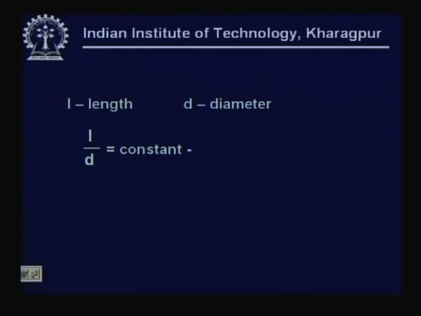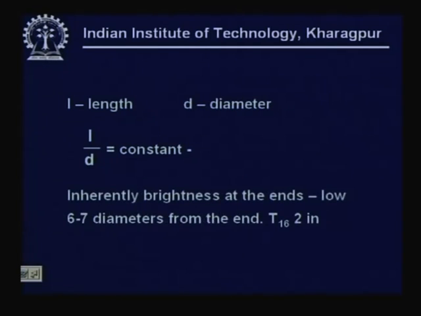We have seen some of these fluorescent lamp based table lamps. They have much thinner tubes than what are used for illuminating rooms. Inherently, you will find that at the ends brightness is low, and one can observe, this is a very important issue, probably around 6 to 7 diameters from the end.